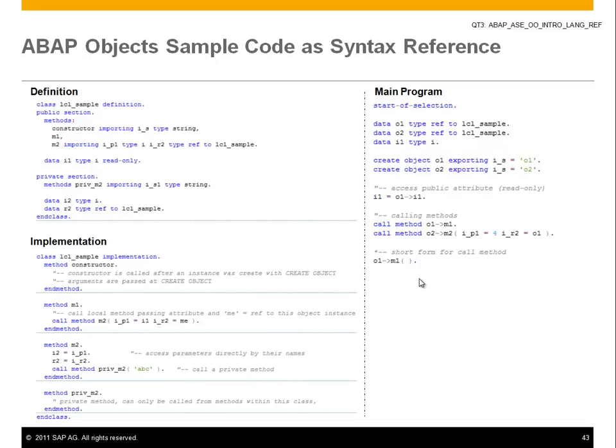So you can look at this. Since you have the slides, you can keep this slide handy, slide number 43, while you're doing the exercise. This program is also contained in the demo system as ABAP ASE OO intro lang ref, so language reference.